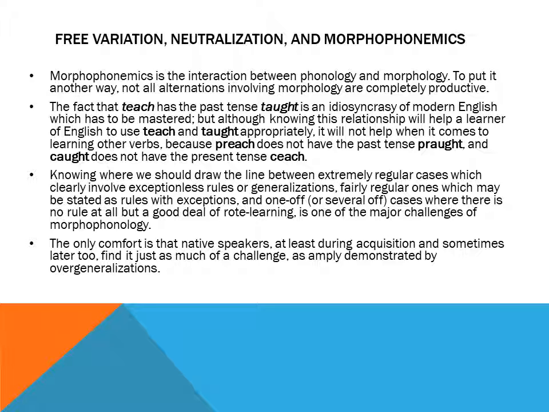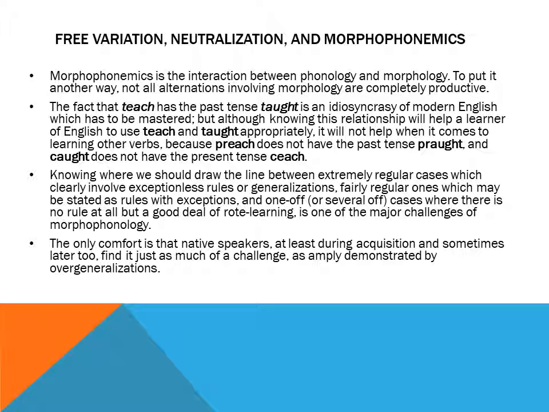Knowing where we should draw the line between extremely regular cases, which clearly involve exceptionless rules or generalizations, very irregular ones which may be stated as rules with exceptions, and one-off or several-off cases where there is no rule at all, but a good deal of rote learning, is one of the major challenges of morphophonology.